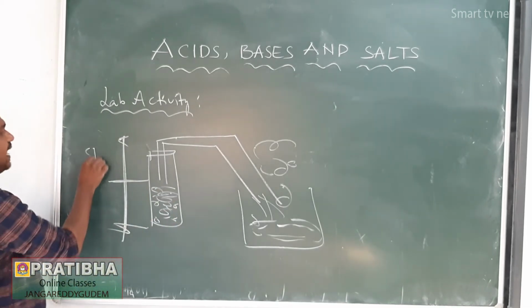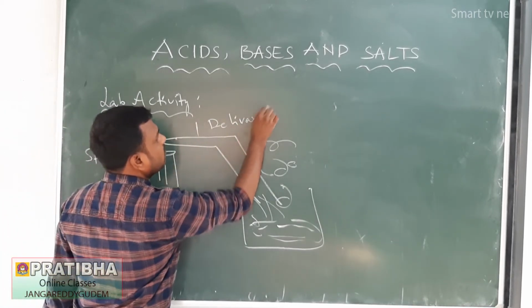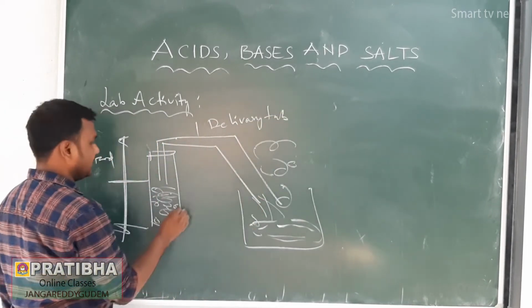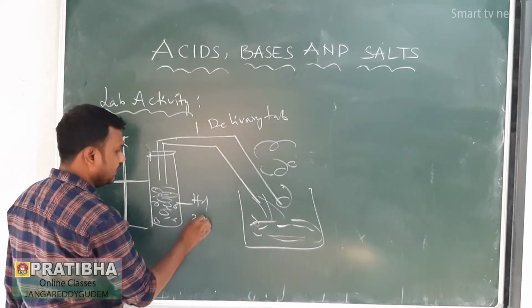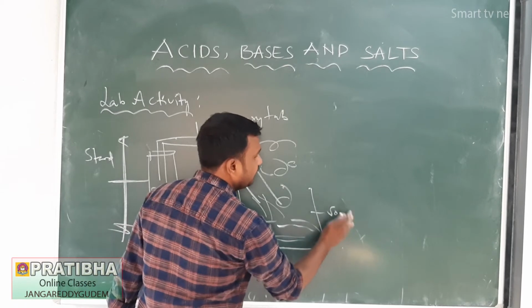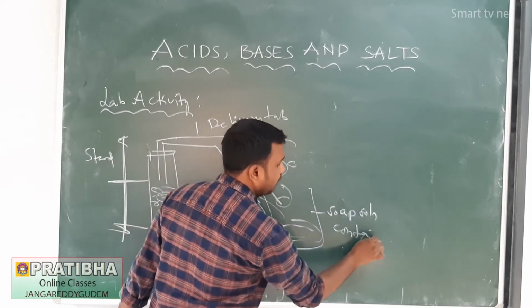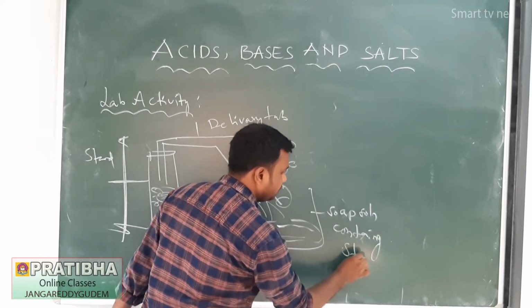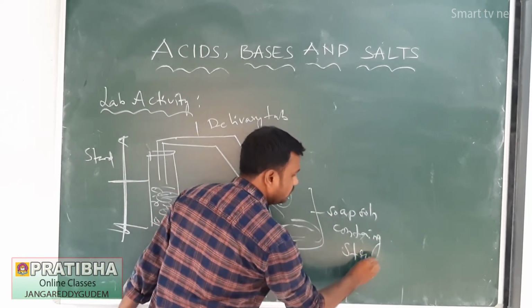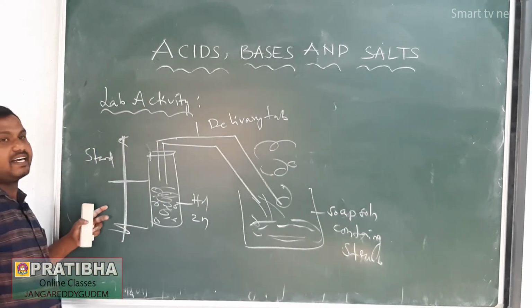This is a stand and this is the delivery tube. Next, HCl and zinc. After that, this is a soap solution containing scrub. First, we can arrange the apparatus like this.